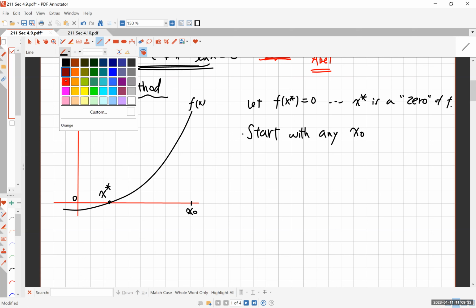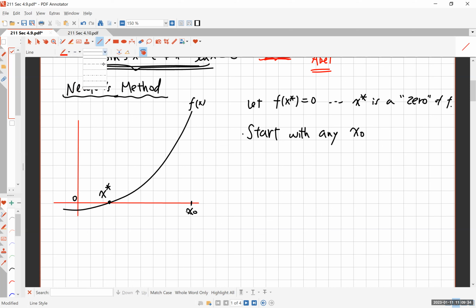We evaluate the function, and we realize f of x naught is not 0, and in fact f of x naught is whatever this thing is, right? So this is f of x naught. Clearly, x naught, my initial guess, is not where f of x is 0.